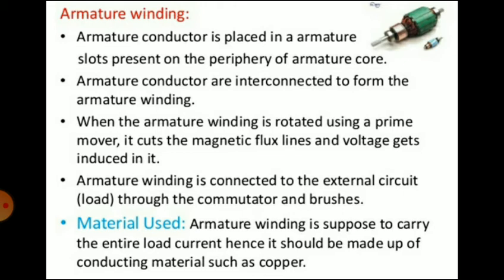The armature windings are made on formers and then placed in the slots. Enamel insulated copper wires are used for the armature winding, and each armature coil end is connected with each segment of the commutator.